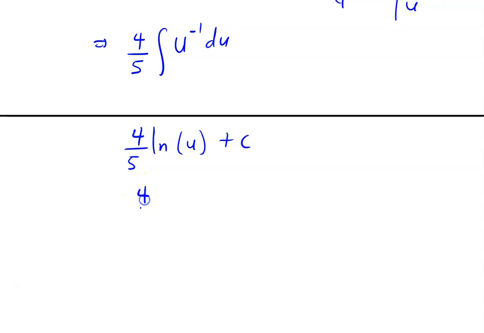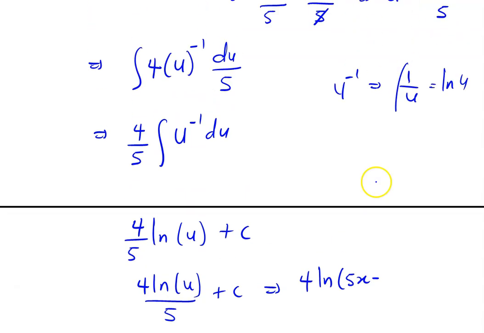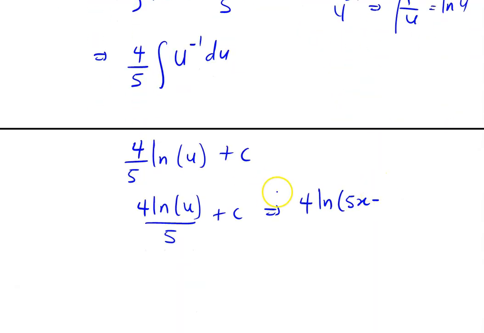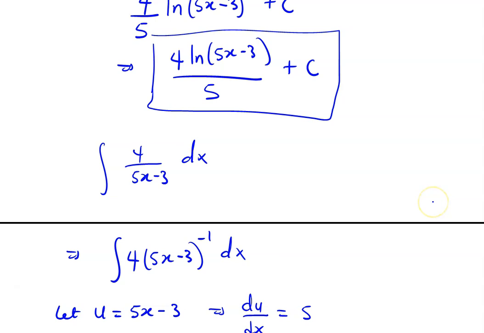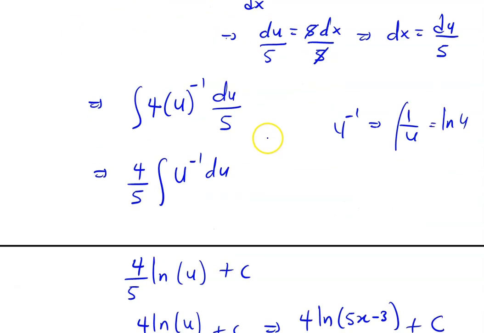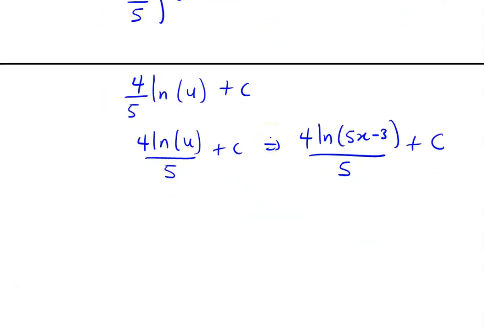So I'm going to get 4 ln u all divided by 5 + c, so it's 4 ln (5x - 3) all divided by 5 + c. And that is the same as what we had up there. So the shortcut also holds. It's good to know the shortcuts, right?